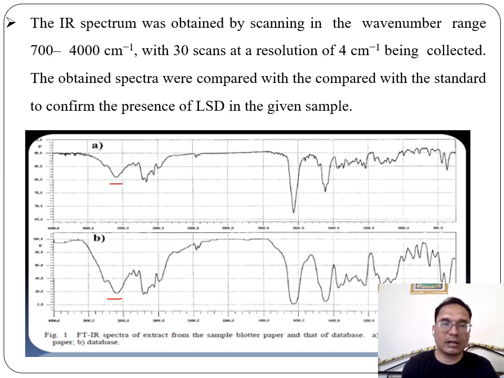The spectra of the sample as well as the standard show peaks at exactly the same wavelength, which indicates the presence of LSD in the sample. So in this way, LSD can be easily identified from the blotter papers or the street samples and it can be reported.